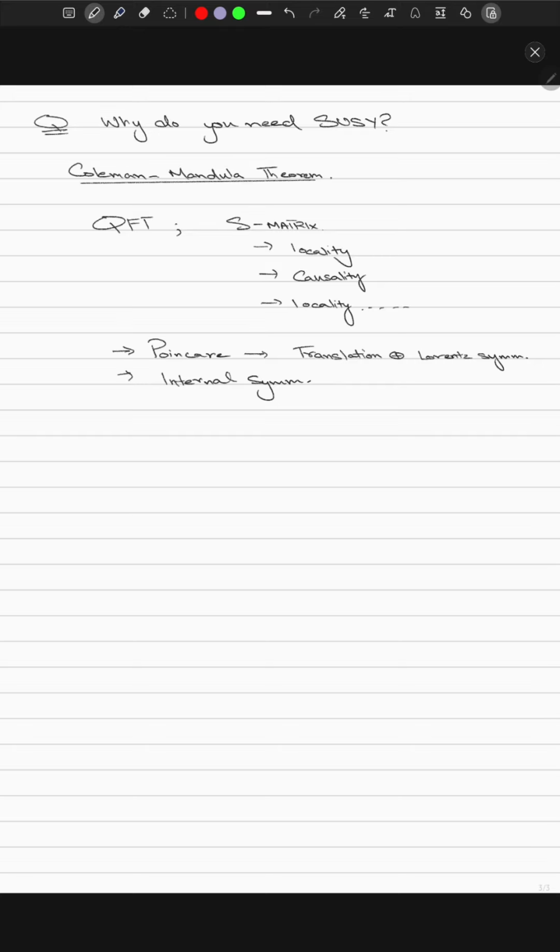Well, you know them, like for example, the gauge symmetry or a global symmetry, right? And note that this Coleman-Mandula theorem is a very restrictive theorem because it is telling you what you can or what you cannot have, right?